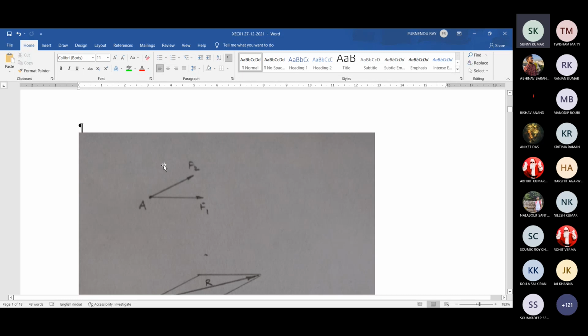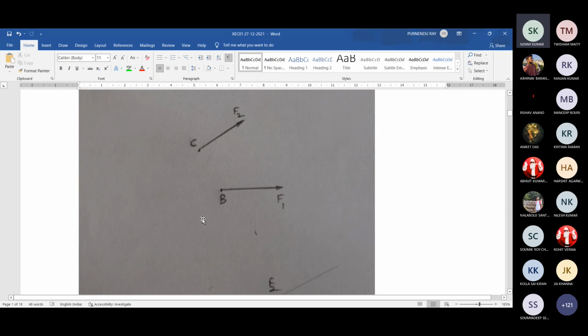Now, one thing, remembering that the point of application of the force can be shifted to any location along its line of action. So if it is F1, we can shift this point of application B to some other location. We can shift this point C to another location.